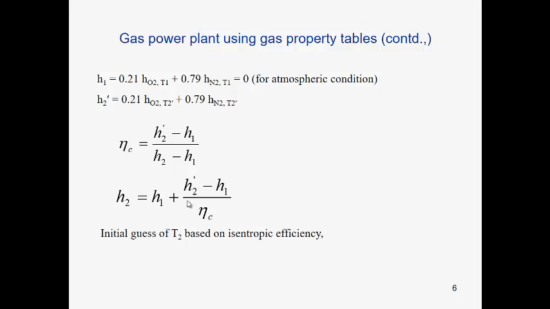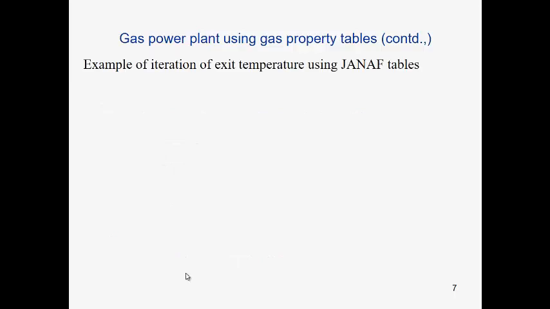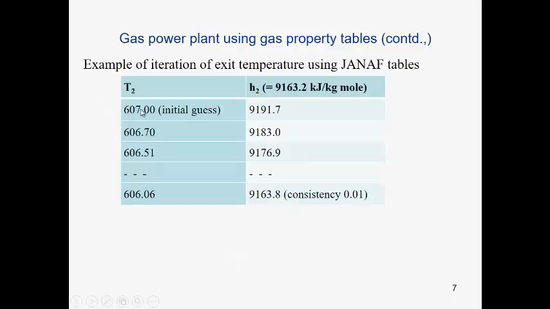But this is also to be iterated by assuming an initial temperature T2, approximately assuming Cp is constant here, since it is an approximation. The initial temperature is substituted in the enthalpy, because this is the enthalpy resulted finally.